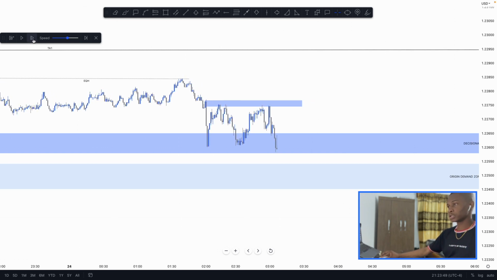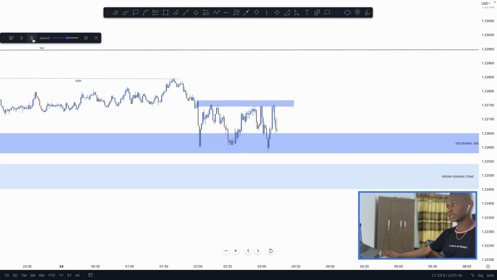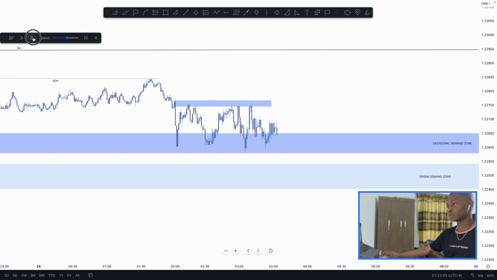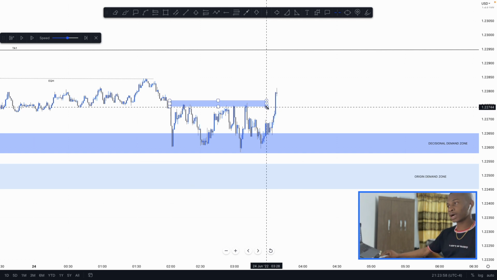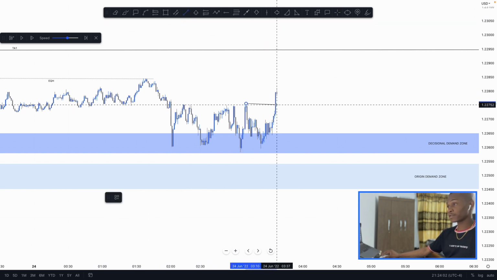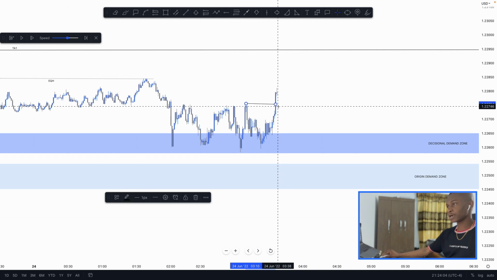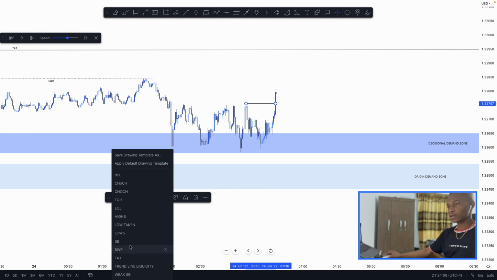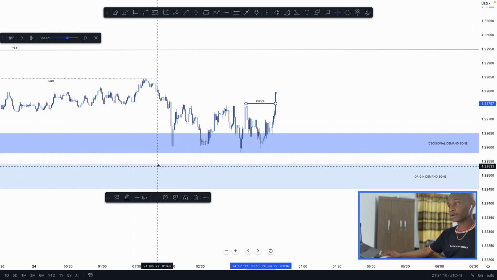Price was doing its thing, and the supply zone was still holding, still holding. Boom, we got that break. So let's remove this area. Right here, we received this change of character to the upside.